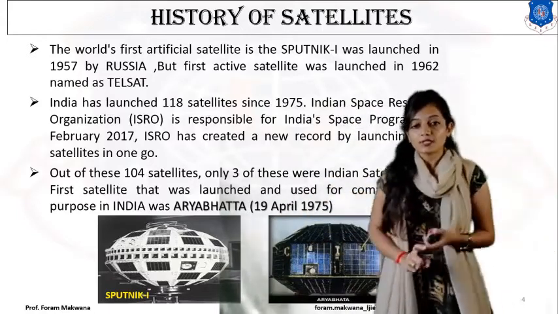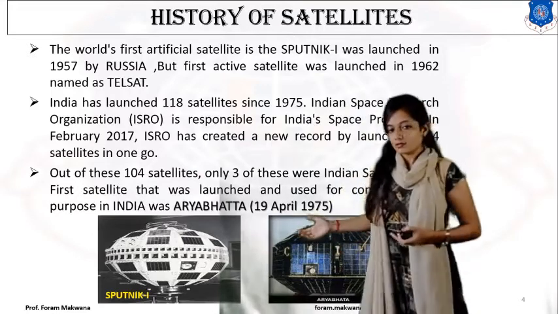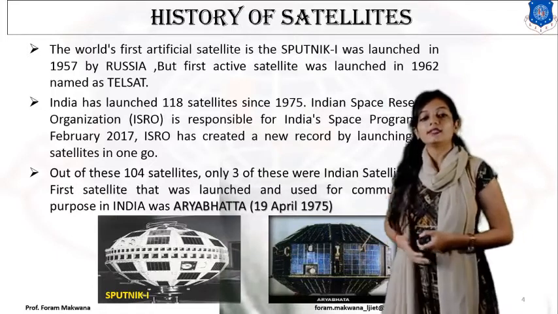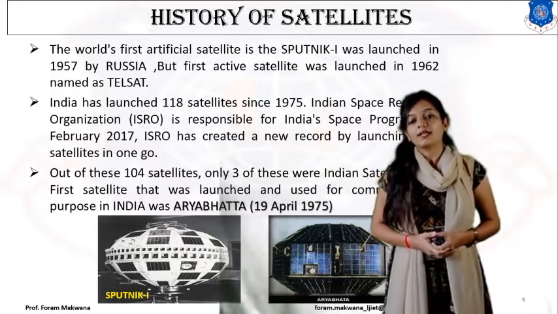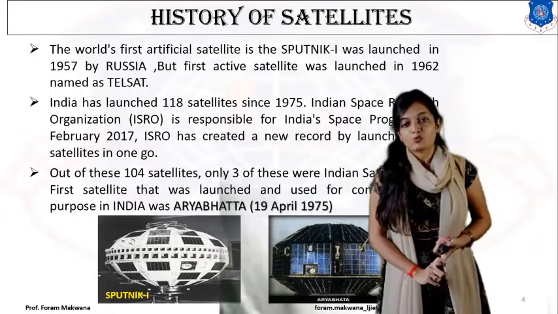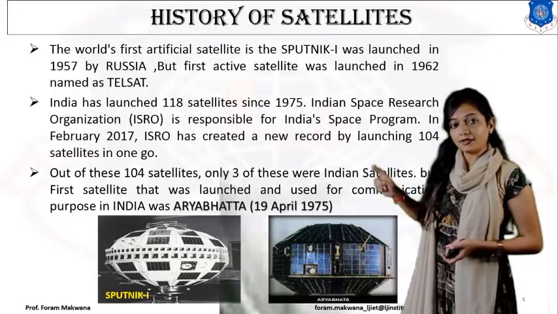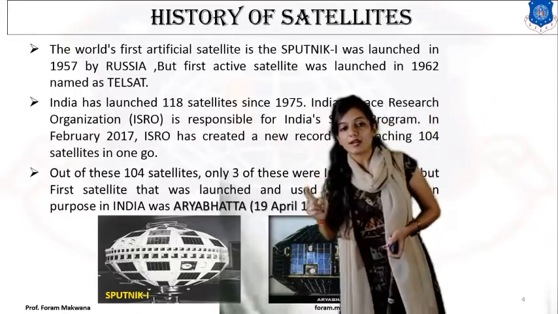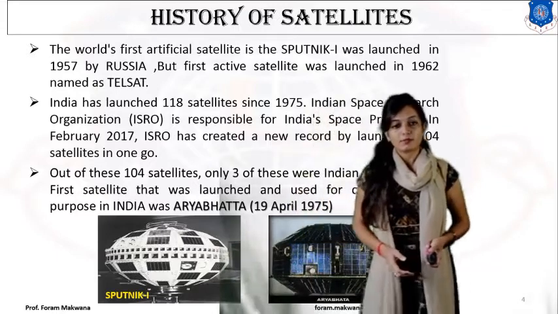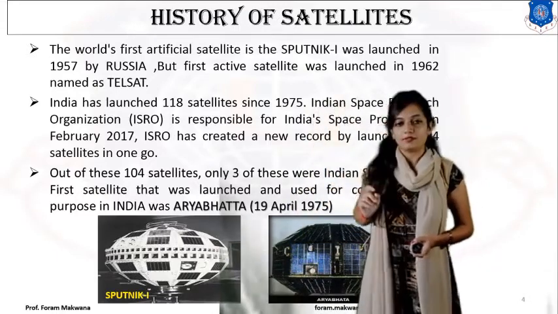The first satellite launched by India was Aryabhatta, on 19th April 1975. So the first satellite launched by India was Aryabhatta, and the world's first artificial satellite is Sputnik 1, which was launched in 1957.